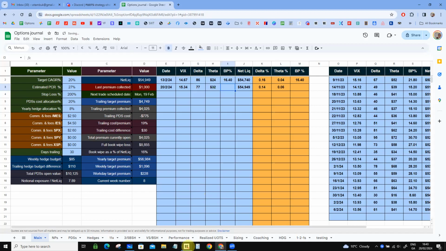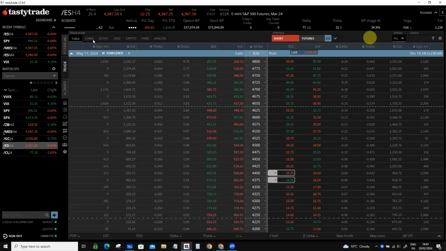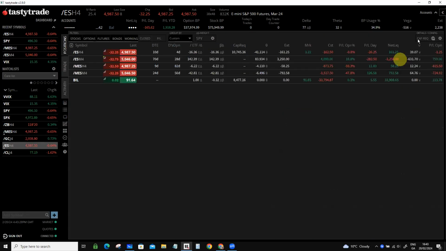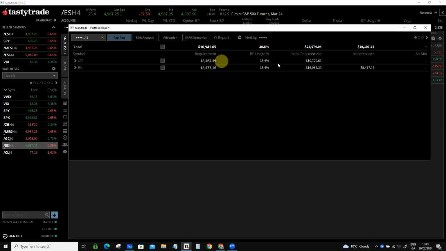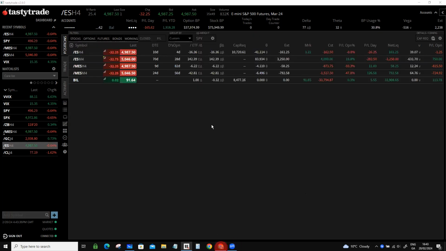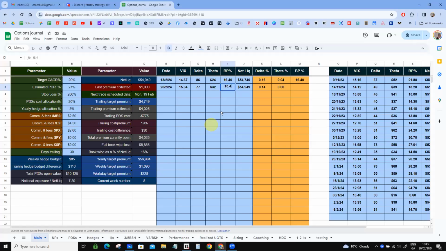And our buying power usage is, just a second. Okay, let's refresh this. So 15.4. Net liq is 54,949. And we are ready to put on another trade.